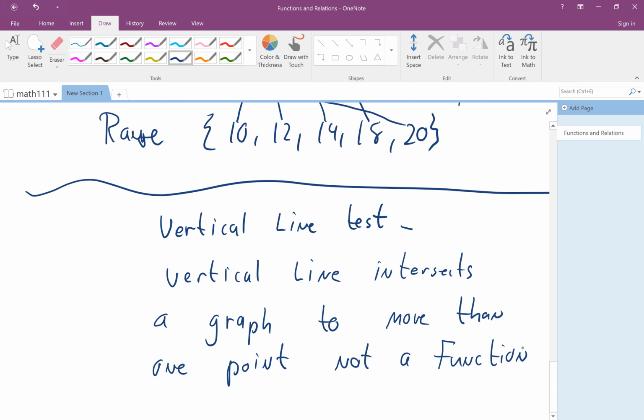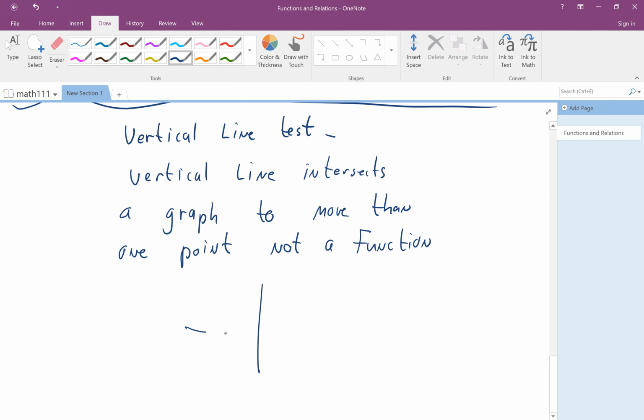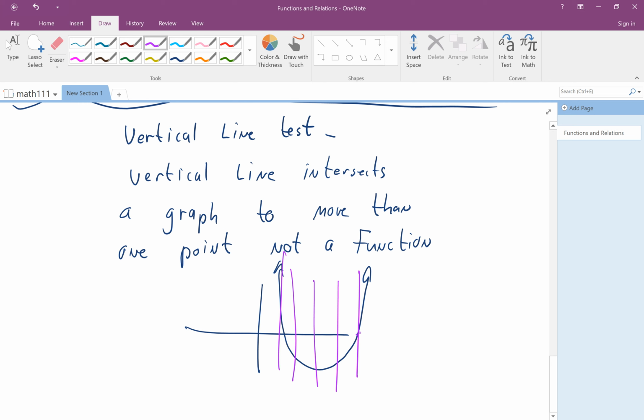All right, so the vertical line test really helps us out. That's going to tell us whether a graph is a function or not. So if we have a graph, I'm just going to do one by hand. It looks like this. And I pass a vertical line through there, and it only touches it in one spot, we're golden. So that's a yes.